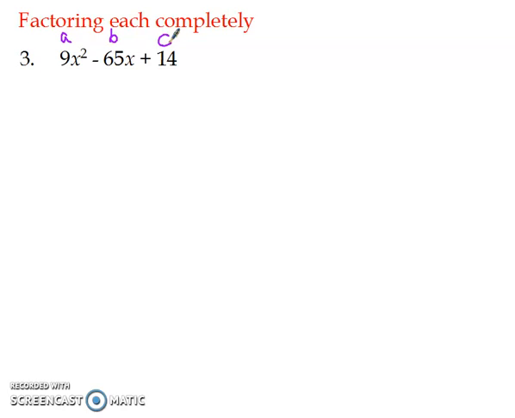So again, just like the first problem, we're going to multiply A times C. A times C, that's 9 times 14. We're going to get 90 plus 36, or 126. Now our next task is to find two numbers that multiply to be 126, two factors of 126 that add to be negative 65.